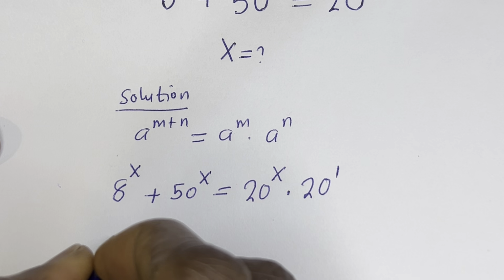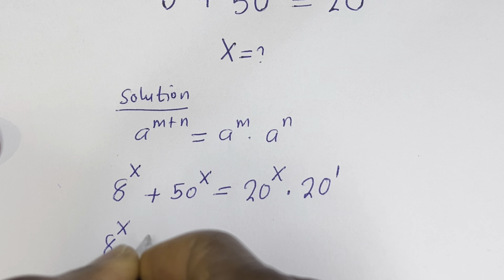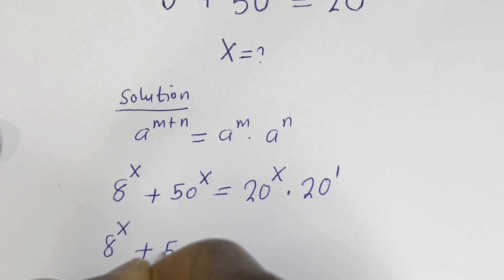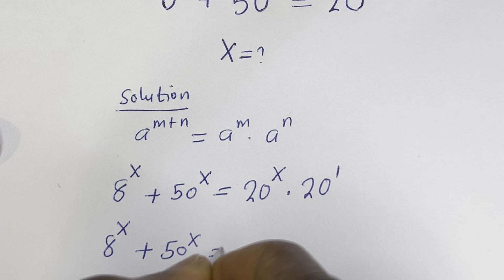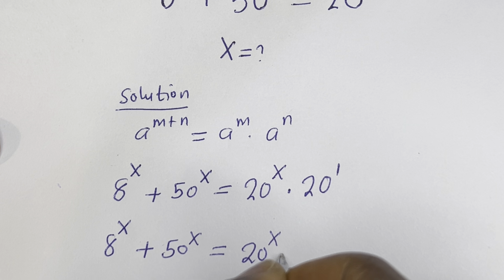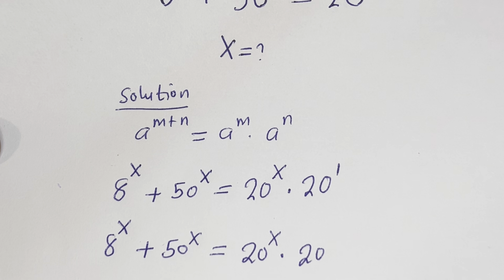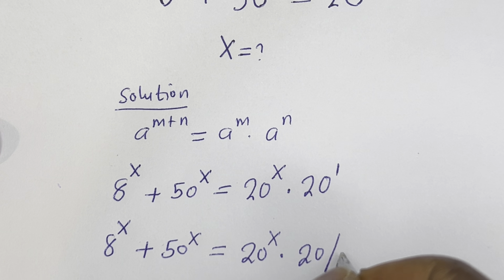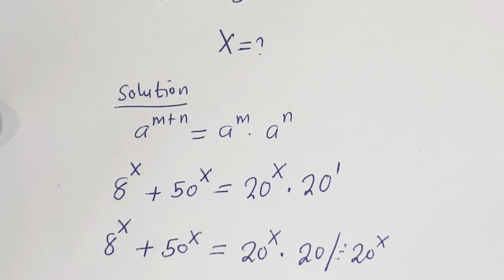Now we have 8 to the power of x plus 50 to the power of x is equal to 20 to the power of x multiplied by 20 to the power of 1, which is 20. Now let's divide all through by 20 to the power of x.